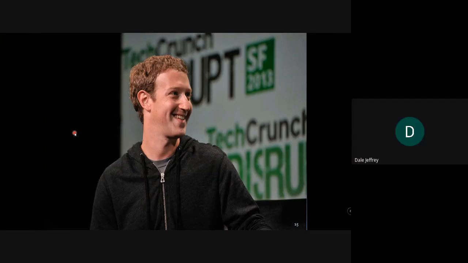What about this gentleman? You all know this guy from Facebook, right? Mark Zuckerberg. He's a leader. He led in terms of management and still the world's largest organization when it comes to social media and social networking.